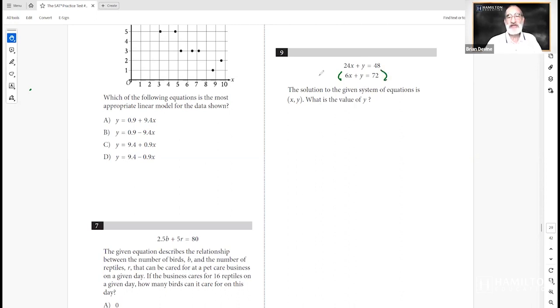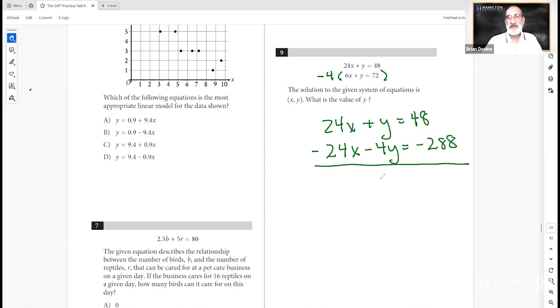I can get rid of the x's because we want to focus on y, so I'm just going to multiply the entire second equation by -4, because the first equation being 24x plus y equals 48, well, if I multiply -4 times the second equation, I get -24x minus 4y equals -288.